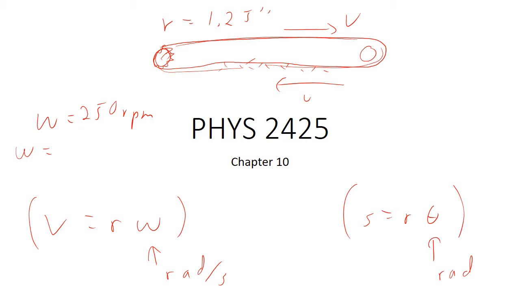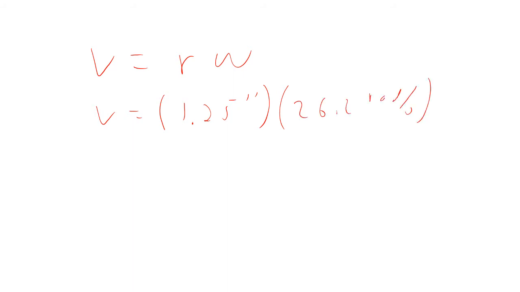Well, we just do it the same way we did the previous problem, and that comes out to be 26.2 radians per second. So V is R omega, which equals 1.25 inches times 26.2 radians per second.